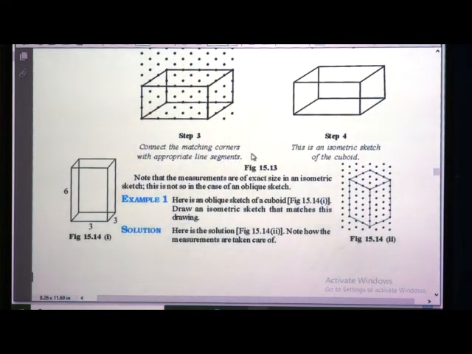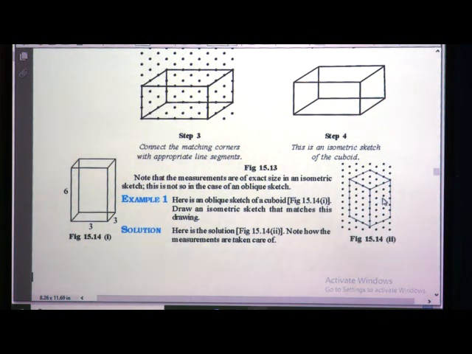Now, the cuboid which is drawn on the dot paper is also one of the cuboids. Cuboid means all 3 sides will be different, or 2 sides will be similar, but all 3 sides will not be equal.